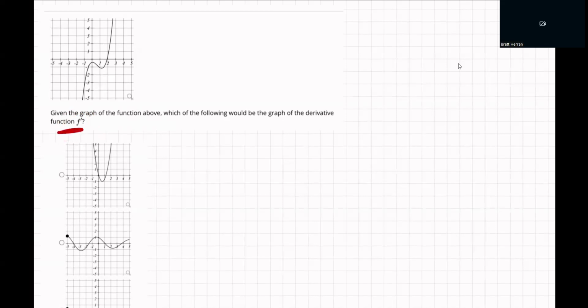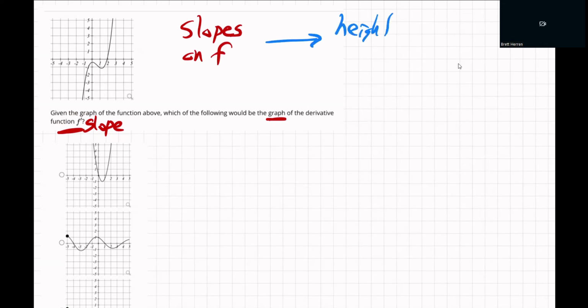Remember, f prime is the derivative, which means it's the slope. F prime is the slope. So here's the deal. The slopes on f become heights on the f prime graph. That's the key idea.